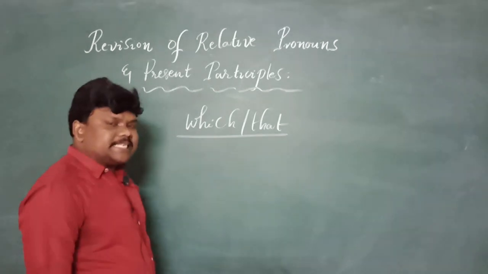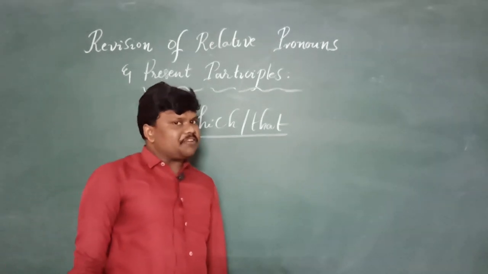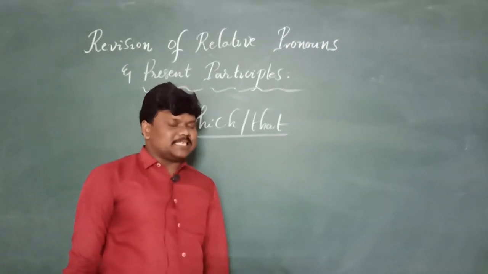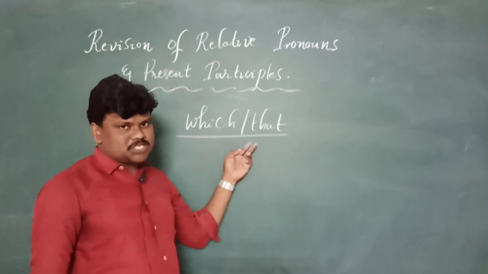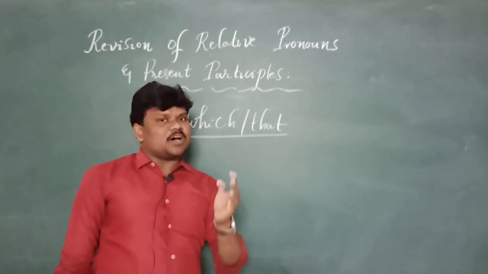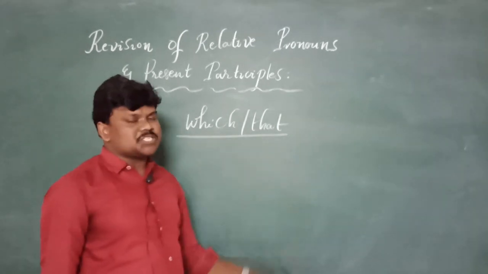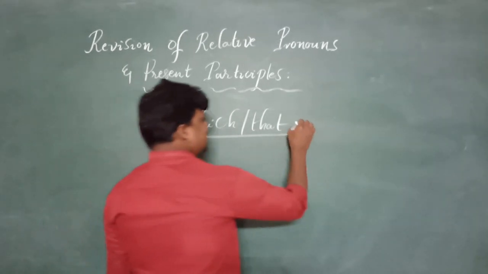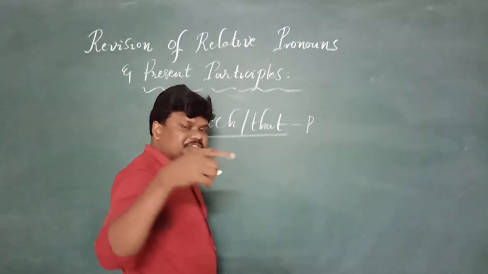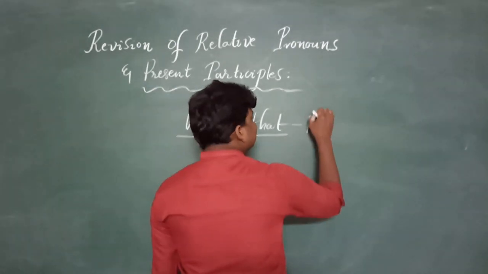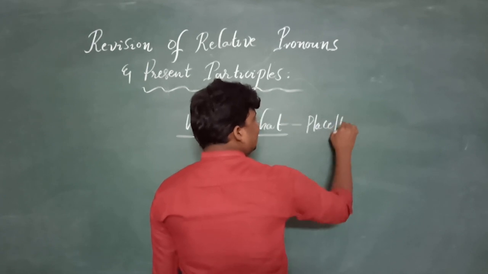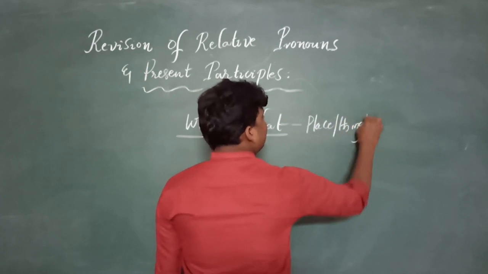If the two sentences are given to combine with which or that, we need to identify in the first sentence whether it is a place, thing or animal.